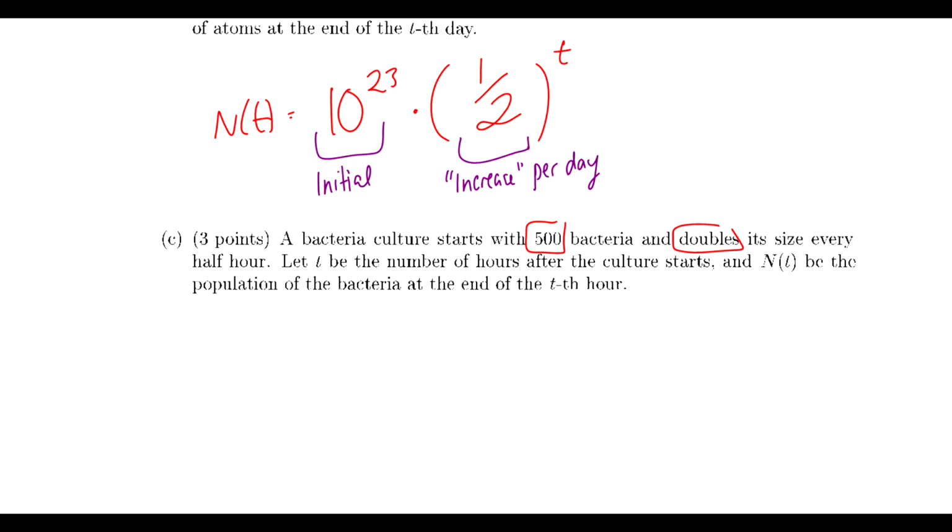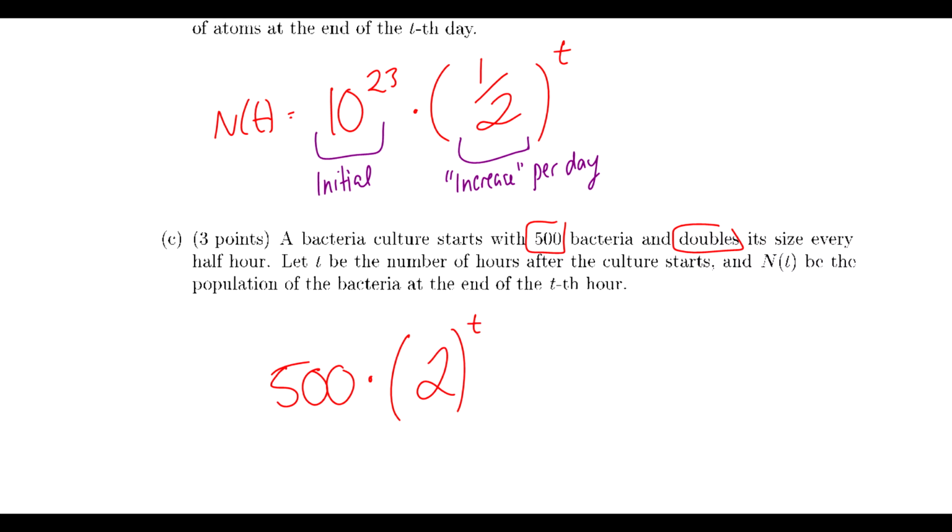We let t be the number of hours after the culture starts, because we are dealing with a bacteria culture, and n of t be the population of the bacteria at the end of the tth hour.